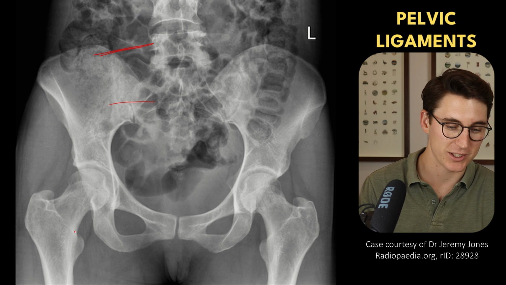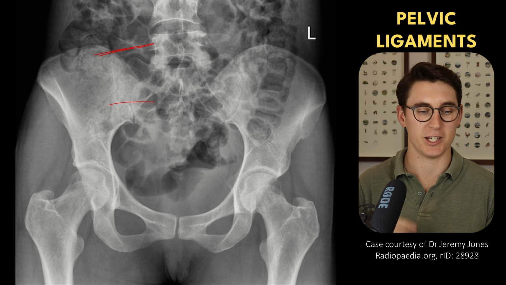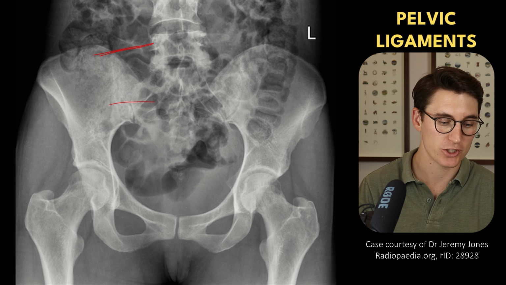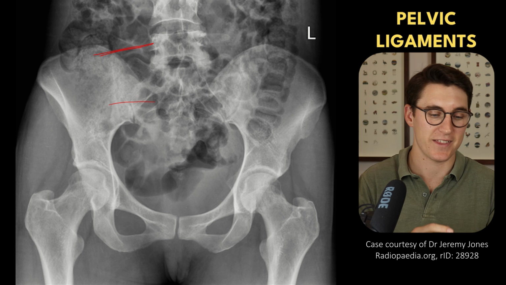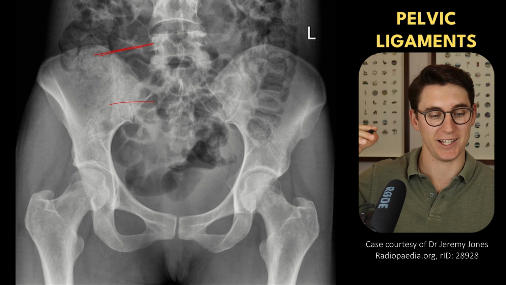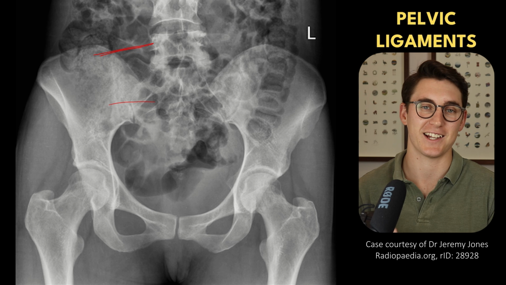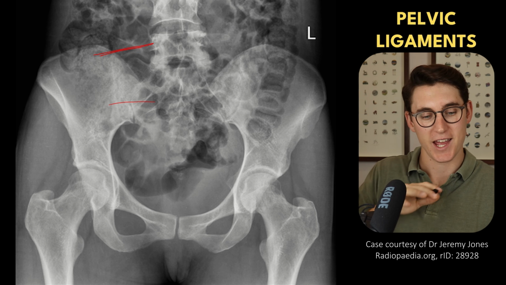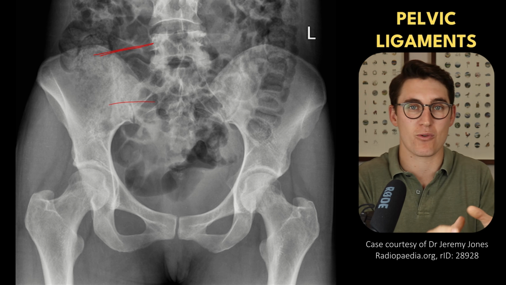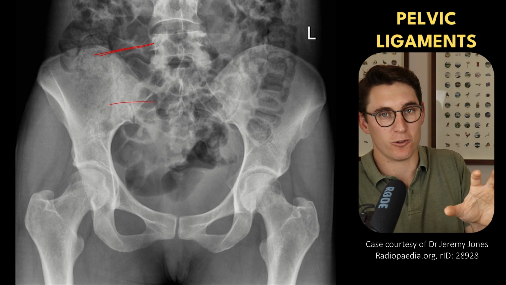We then have ligaments that stabilize the hip joint itself. We've got 3 major ligaments heading from the pelvis to the femur, surrounding the neck of this femur. Those ligaments are the iliofemoral ligament, our pubofemoral ligament, and our ischiofemoral ligament. And the way those ligaments wrap around the neck of the femur, they go around it in a spiral pattern.